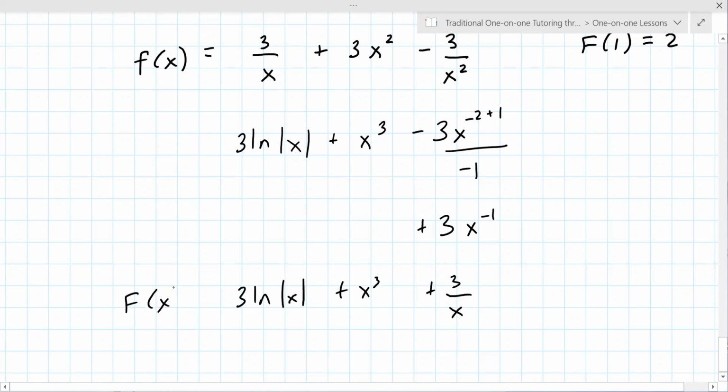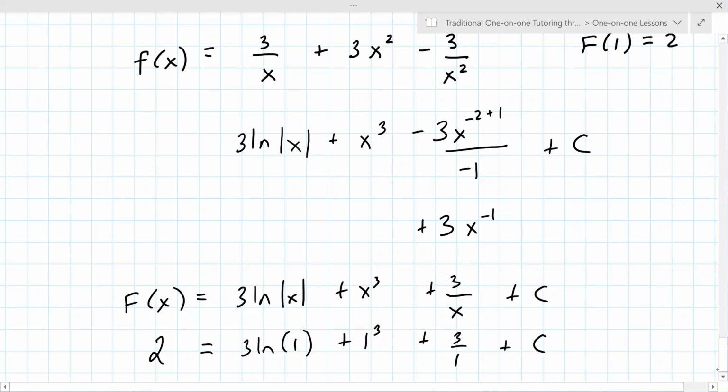Okay, now how do you use this for over here? Well, it's really plus c. So you got to put that f of 1 equals 2 in and see if you can come up with the c value. 2 on the right, and then 1 instead of the x for all these. So ln of 1 is 0, right?